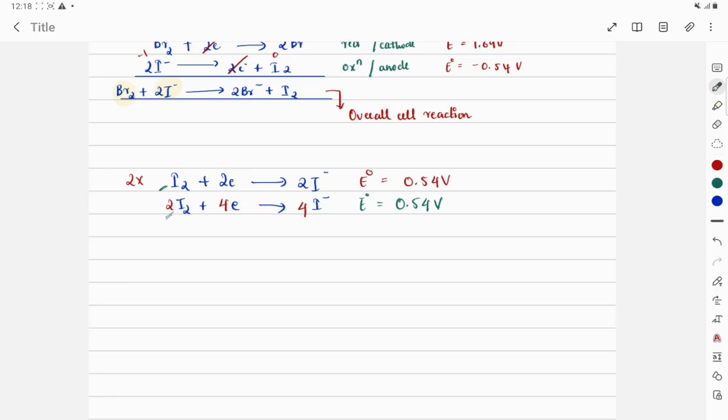Then what will change? When this reaction is multiplied by 2, something should change, right? The quantity that changes is delta G. E0 of the cell will not change.